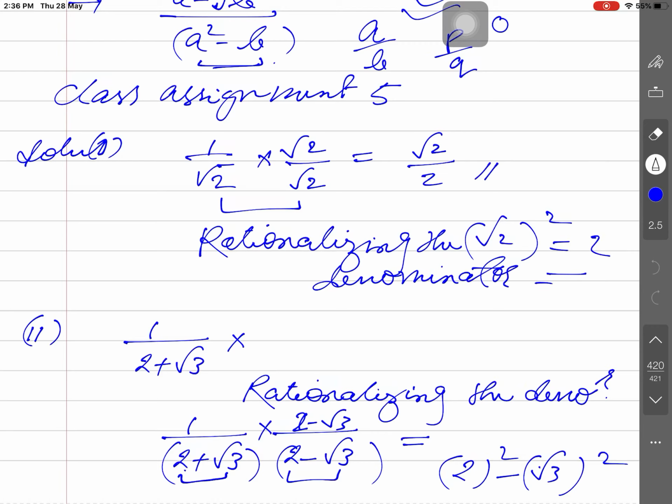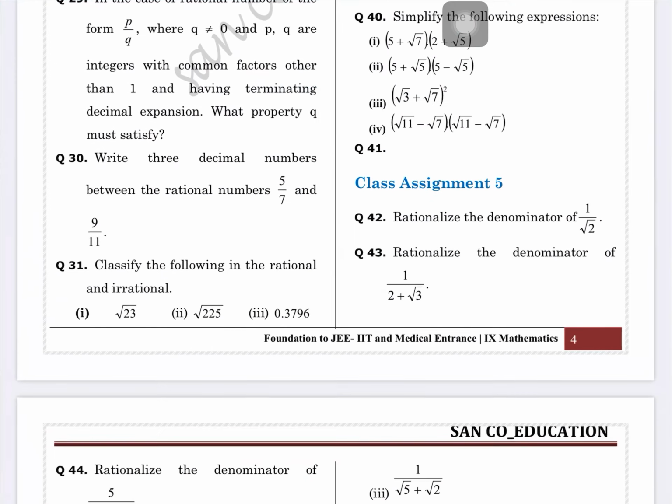Okay, observe. Right now the performance of yours is based on the method you are employing here and your understanding toward the rationalization process. Just see some questions also again.